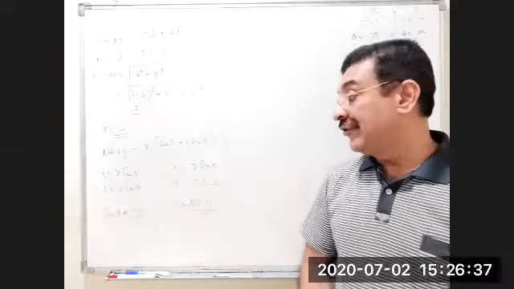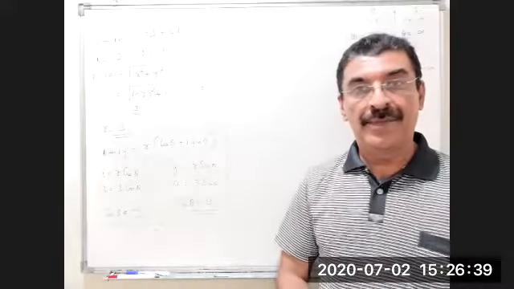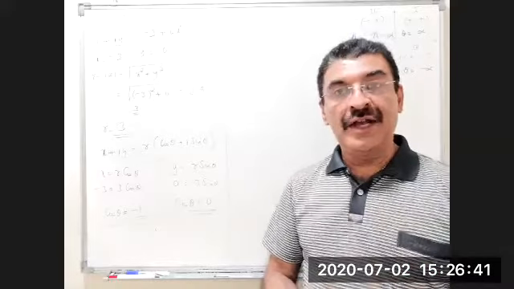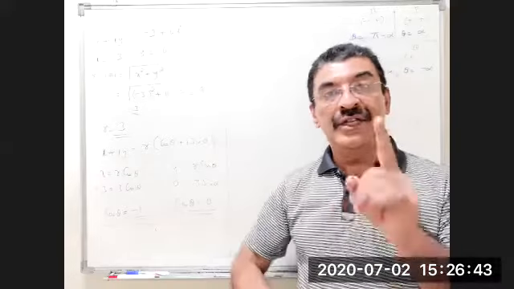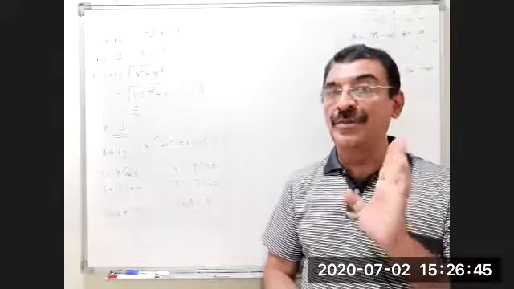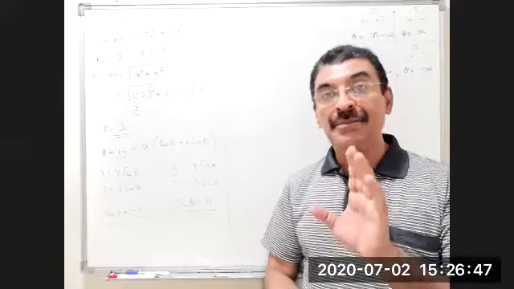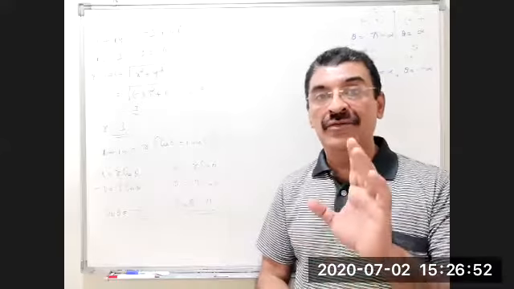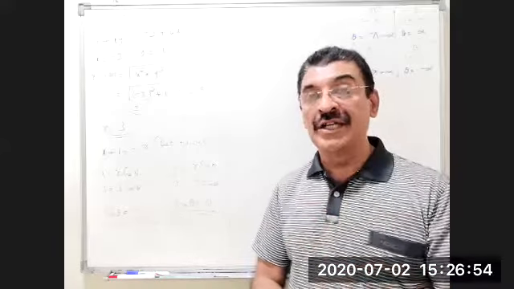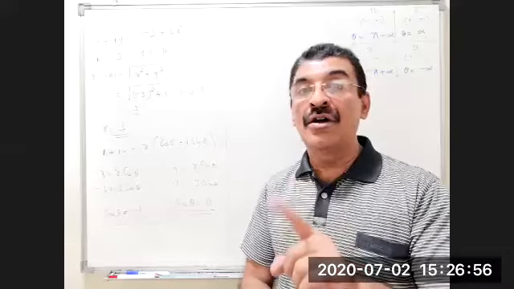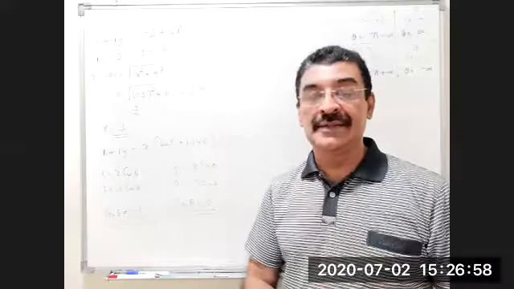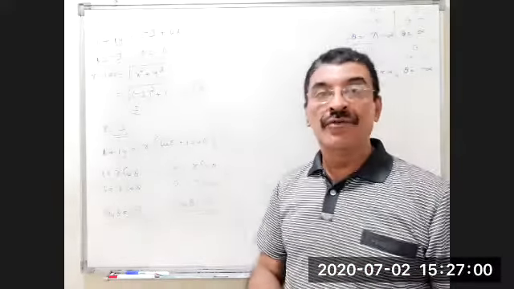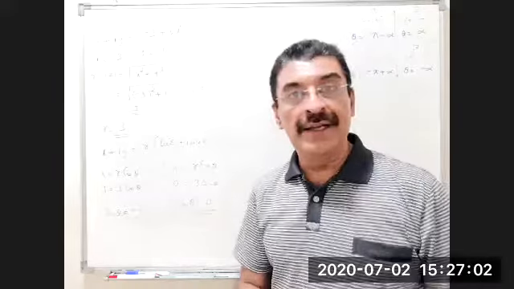Remember, if one of the values of sine or cos is 0 or plus or minus 1, that angle is not within any quadrant, it will be on one of the axes, x-axis or y-axis. We learned that in trigonometry.